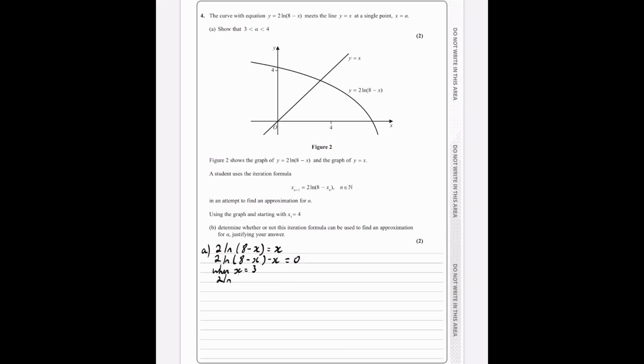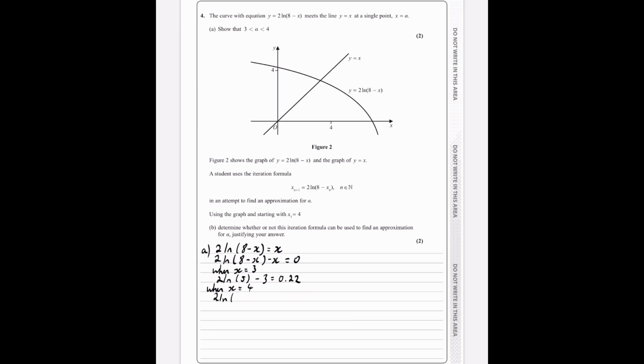So when we plug the two values 3 and 4 into this equation, we'll get one positive and one negative. Plugging x equals 3 comes out as 0.22, which is positive. Then when x is 4, we can plug that in and we'll get negative 1.23, which is negative.